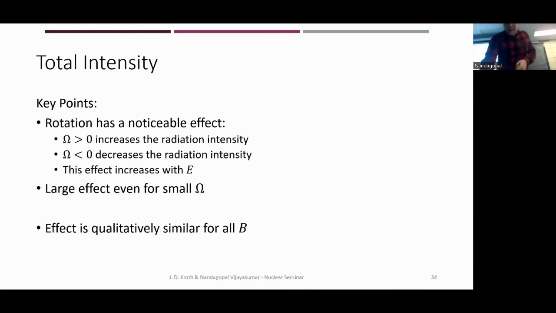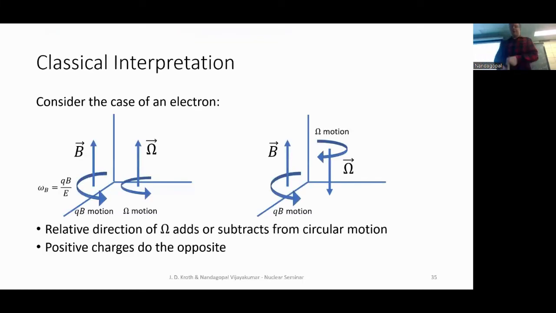And so the last thing is we have a somewhat classical interpretation of this. If we've got an electron and we place ourselves in this rotating frame, when we let this electron go with the magnetic field, it's going to start going around in this direction with the synchrotron frequency. And so now we want to get out of the rotating frame into our lab frame.